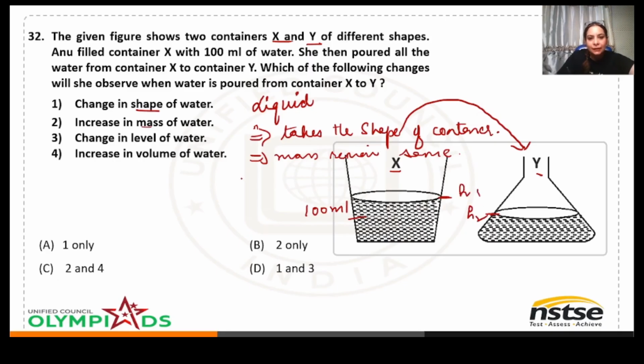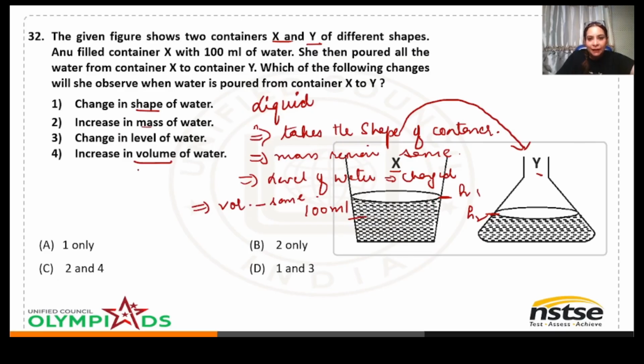So the level of water can be changed, because it depends on the shape of the container in which we put it. Increase in the volume? Again, the volume of water will remain the same. Okay, so out of these four, which of the following will she observe?